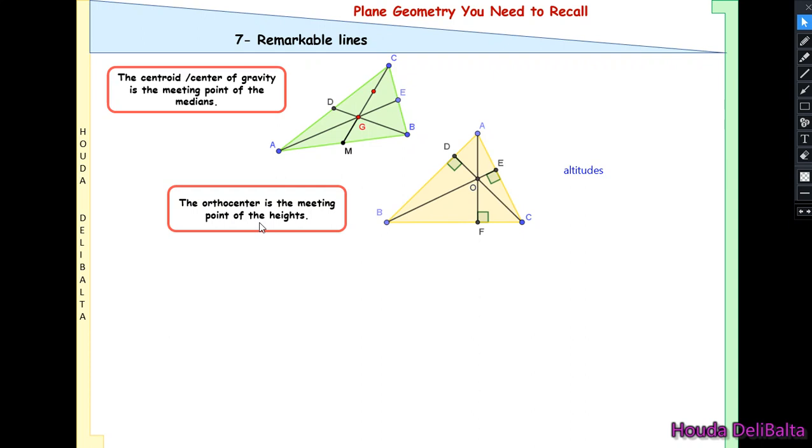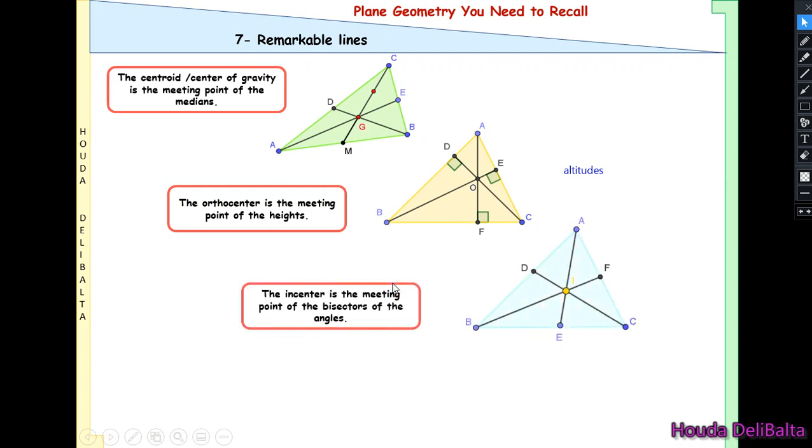And let's make it easier. Orthocenter is from orthogonal, so you don't have to forget it. Orthocenter from orthogonal. It's the meeting point of the heights. Also, we have the intersection point of the bisectors of the angles.